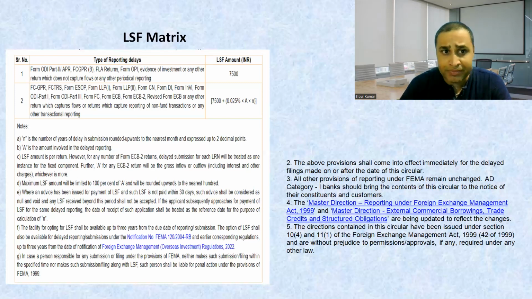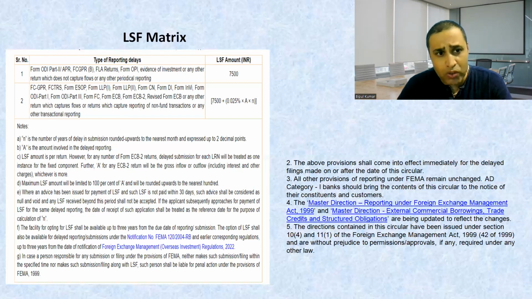The amount is fixed at 7,500 for returns which do not capture flow or any other periodical reporting, and in other cases it is 7,500 plus 0.025% of the amount involved in delayed reporting for the number of years. That's N for the number of years.